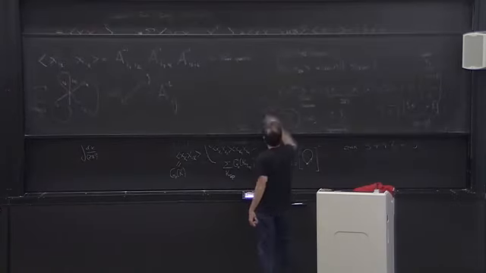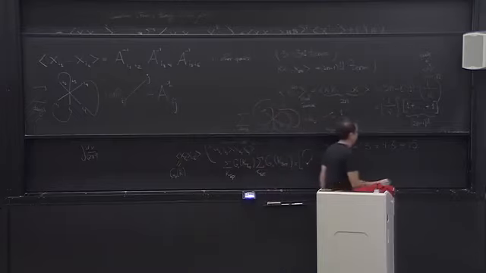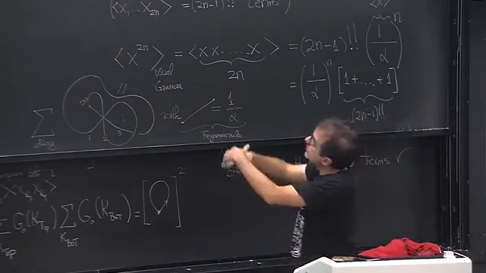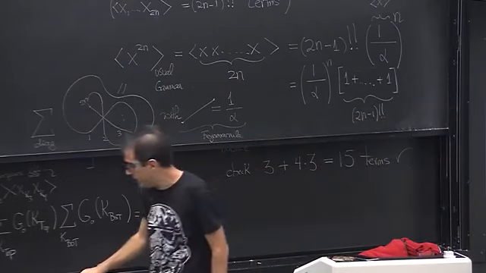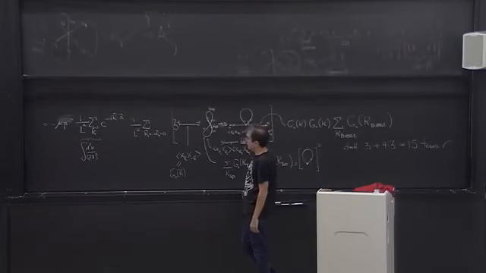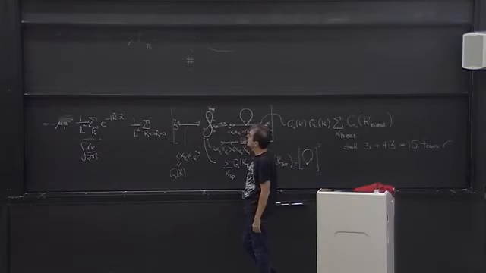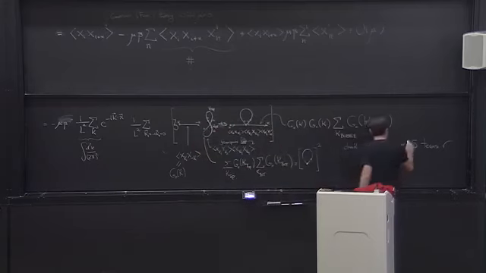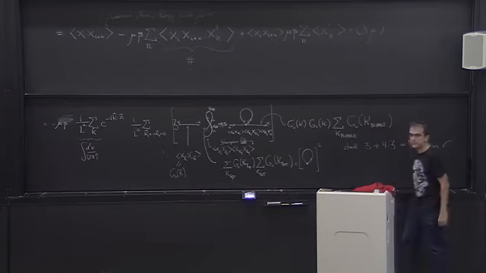So 15 is how many terms we said there are. So it's good that we now see that it's convenient to separate these 15 terms into these 2, because they have really a different expression. And we did the counting correctly. They add up to 15, as they should.